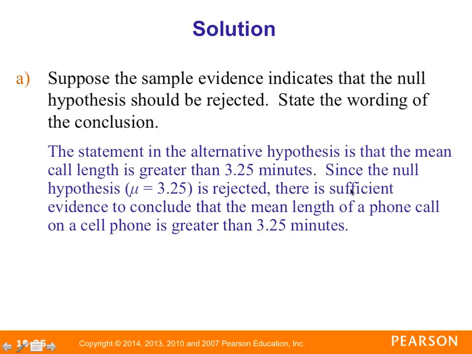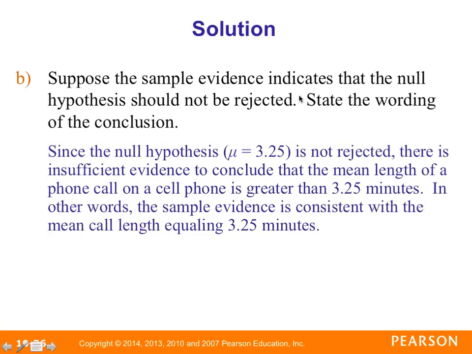And then for part B, if we decide that it should not be rejected, we would say that there is not sufficient evidence to conclude that the mean length of a phone call on a cell phone is greater than 3.25 minutes. Or in other words, you could say that the sample evidence is consistent with the mean call length equaling 3.25 minutes.